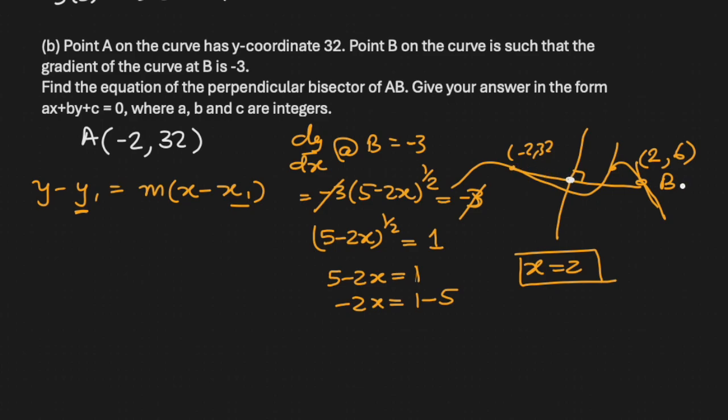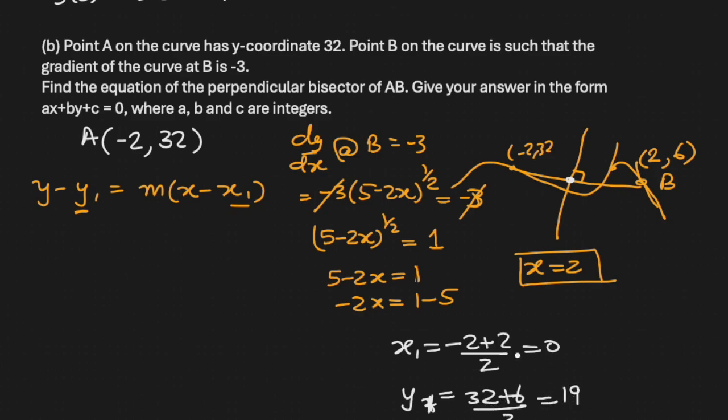And this will be exactly between them, right? So x1 will be the x coordinate of one point plus the x coordinate of the other point divided by 2, which is 0 in this case. y1 will be 32 plus 6, both positive, divided by 2, 38 divided by 2 is 19. So we got the point. The coordinates here are 0, 19.